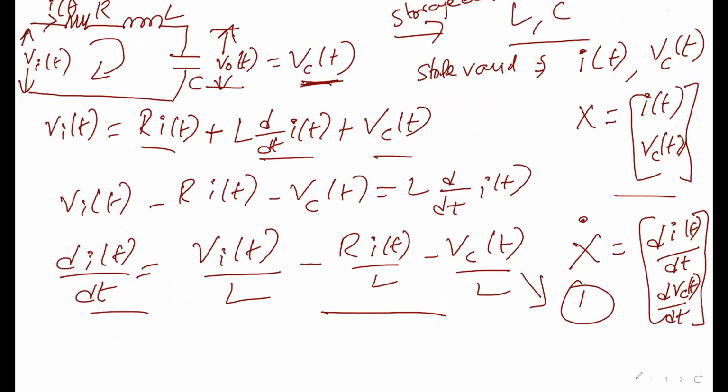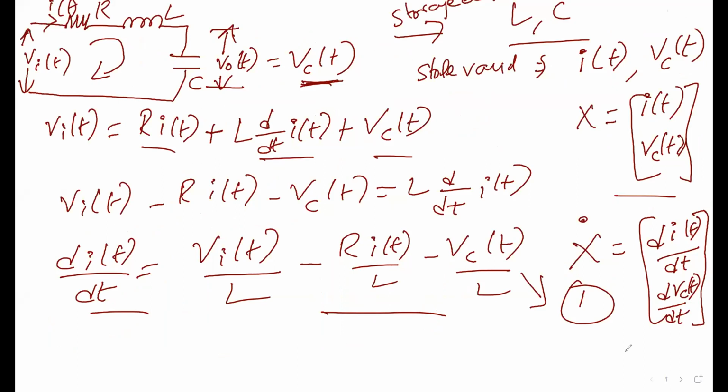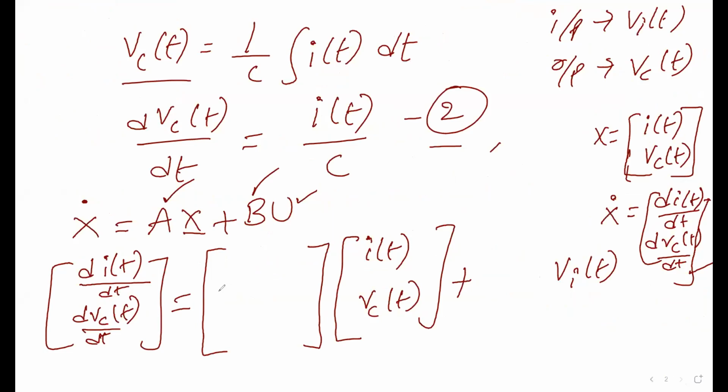The first element is multiplied with I of t, if you do the matrix multiplication, and the second element is multiplied with Vc of t.